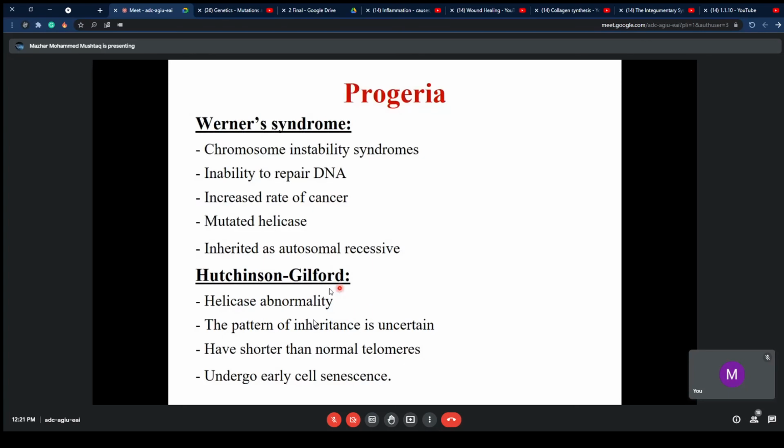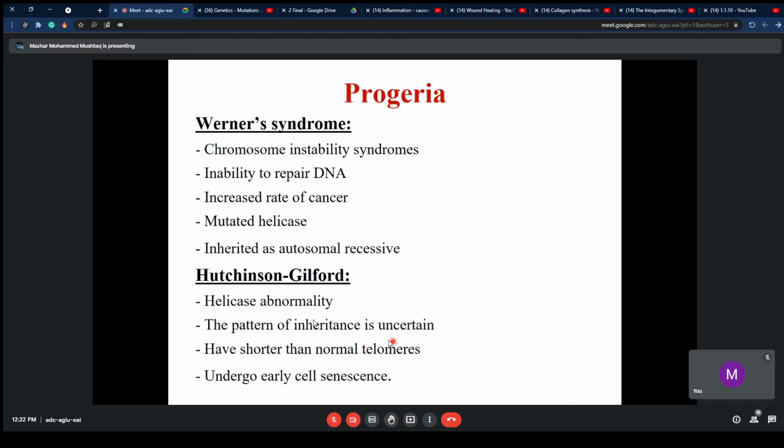The other one is Hutchinson-Gilford syndrome. In this one, there is a problem with the helicase. You all know what is the function of the helicase. The pattern of inheritance is uncertain in this case. They have shorter than normal telomerase. You have discussed that even in the cancer cell, and I also just discussed the role of the telomerase, and I will discuss something more related to the telomerase in our forthcoming slides.